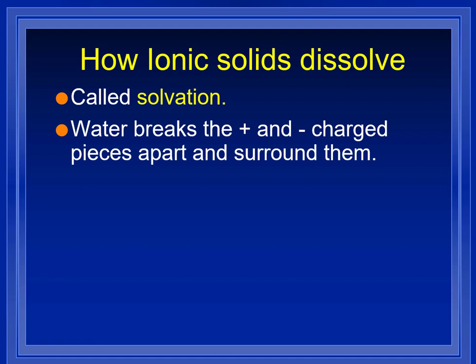It's got a positive side and a negative side. So the negative side of water is going to be able to come to the positive ion. It's going to be attracted to it. And the positive side of water is going to be attracted to the negative ion. So that means the water can pull on those ions and pull them off. And then once it's pulled them off, it can surround them and carry them away.